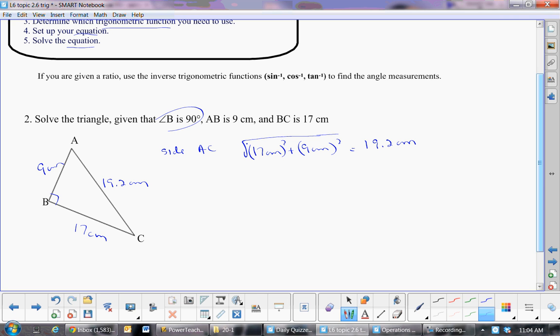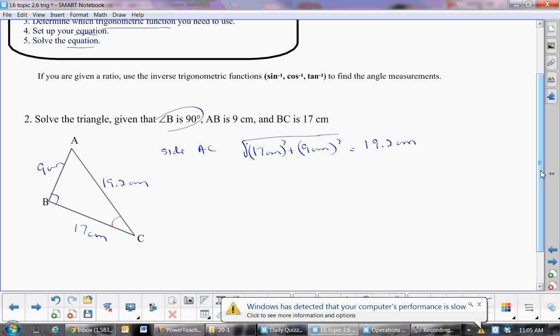Now, we can find angle C by using what? I wouldn't do whatever you want. We just went through that. You said, Mr. Jerome, well, like, if they're all there, I can use them all. Yeah, 19.2, what if it's wrong? You're killing your other ones, right? So, myself, I would use tan theta equals opposite over adjacent. So then you'd go tan theta equals 9 centimeters over 17 centimeters.